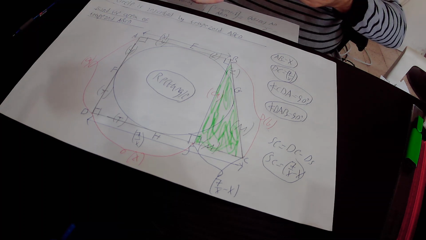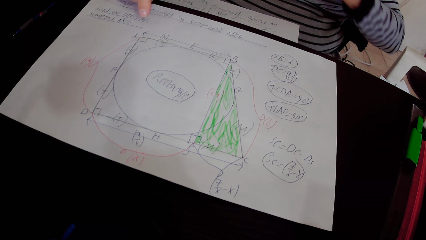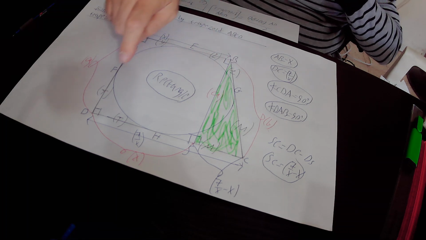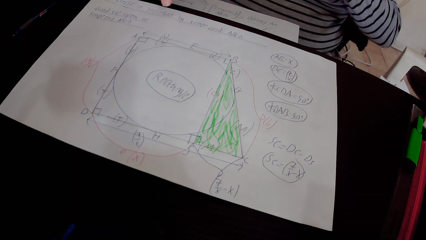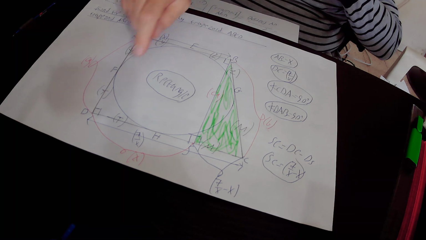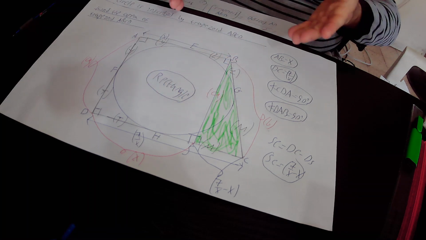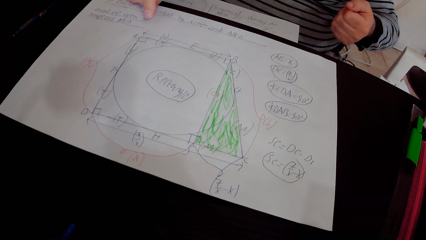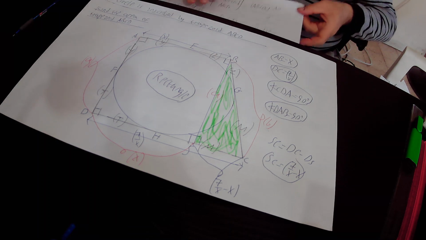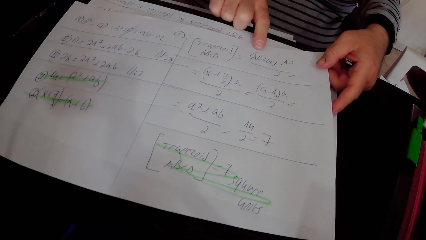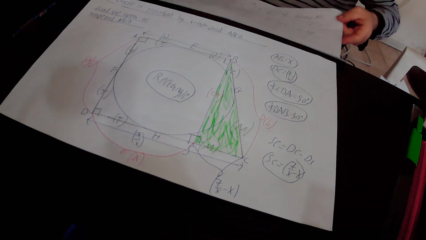Therefore, the two parallel sides in trapezoid ABCD are AB and DC. And therefore, the two bases of trapezoid ABCD are AB and DC. So the area of the trapezoid ABCD equals the sum of its two bases, that is AB plus DC, times the height, that is AD.